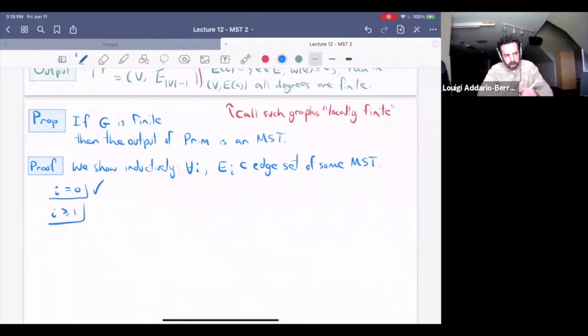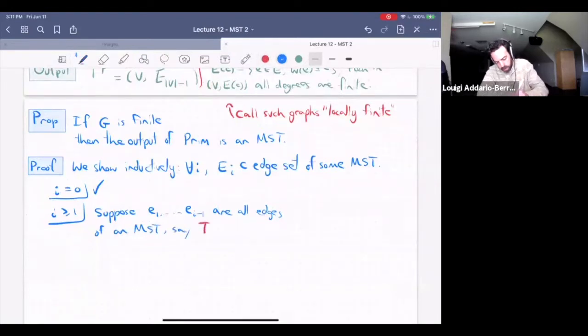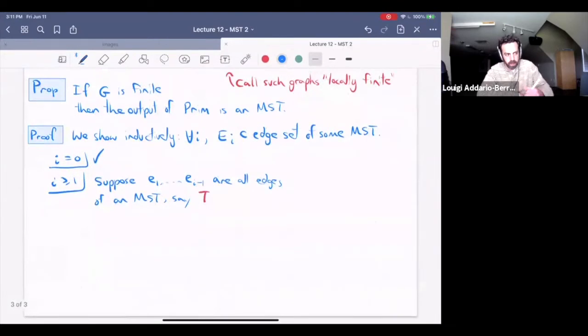Okay, and then for positive i, we'll be supposing that E_1 up to E_{i-1} are all edges of some MST. Let's give it a name, so let's call it T. One such MST.